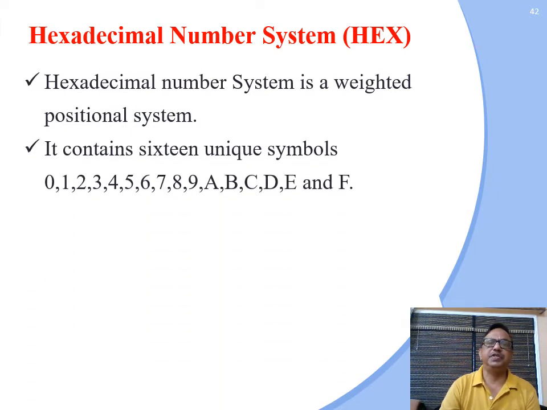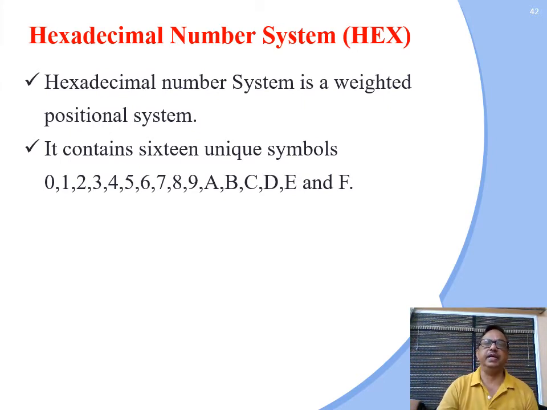It contains 16 unique symbols, which are 0 to F. It means after 9 we have taken capital A, B, C, D, E, F. What does it mean?